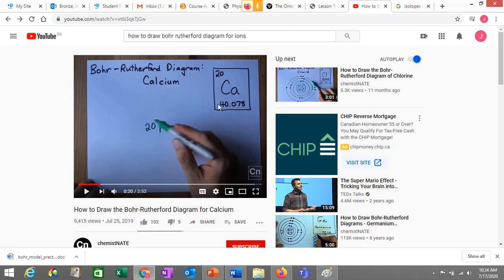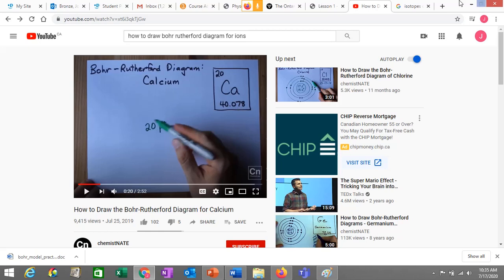So this is the atomic mass, which is a number found on the periodic table. And essentially it's the mass of all possible isotopes of calcium averaged out. So if you were to have a lump of calcium in your hand, which might not be a good idea, it'll react with water and irritate you possibly, but if you were to have a lump of calcium in your hand, the average mass of an atom would be 40.078, and that's because there are different isotopes of calcium in the world.